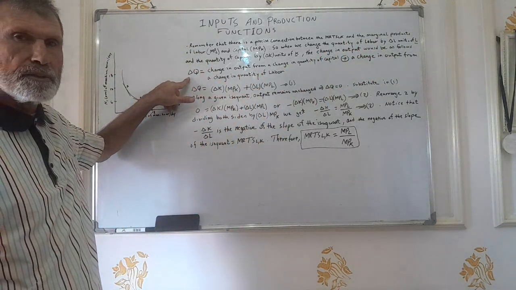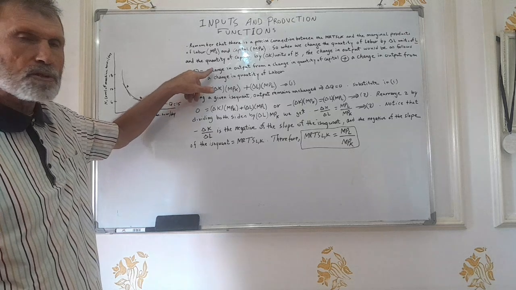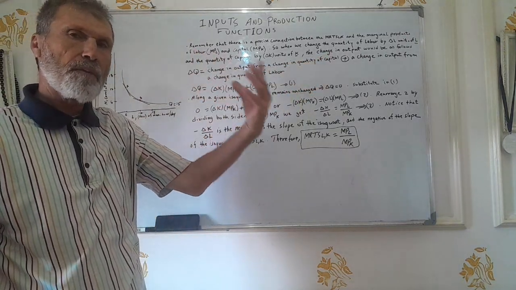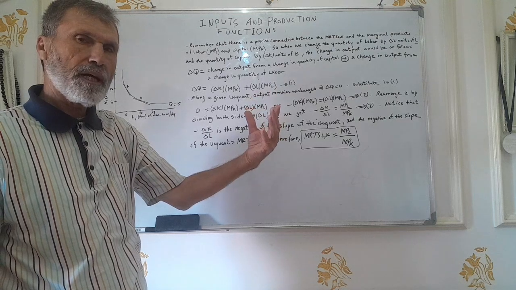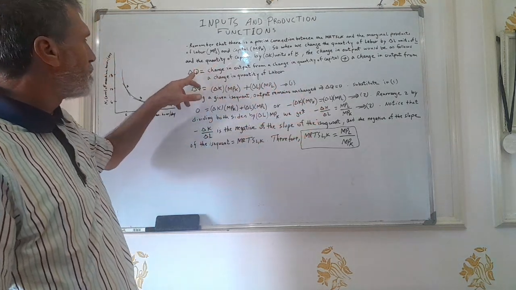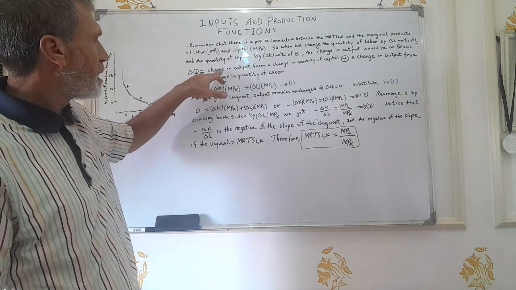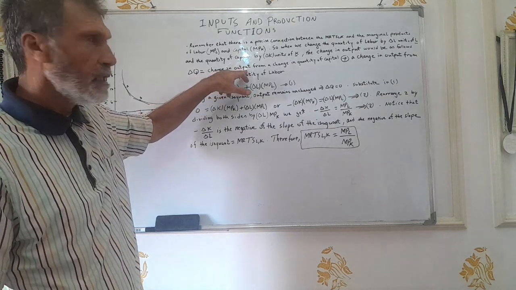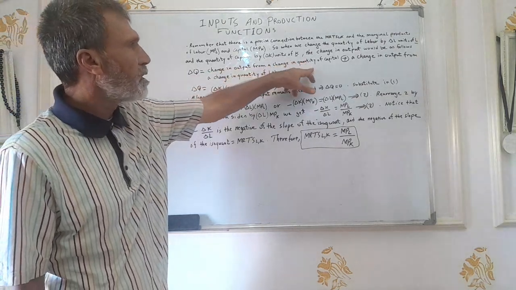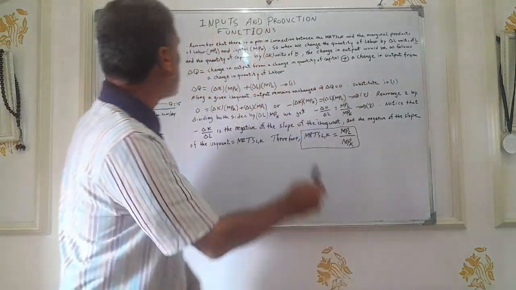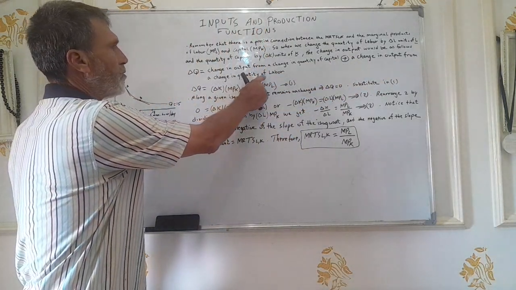Delta Q, which is the change in output, is equal to the sum of the changes in capital and the change in labor. So the change in Q is going to be equal to the change in output that results from a change in the quantity of capital plus a change in output that results from a change in quantity of labor.